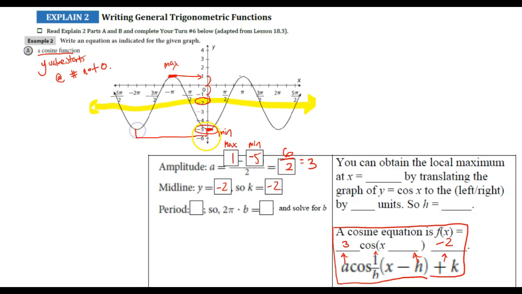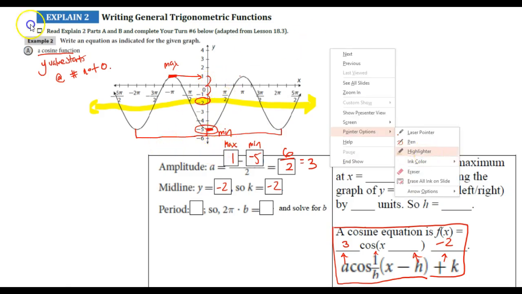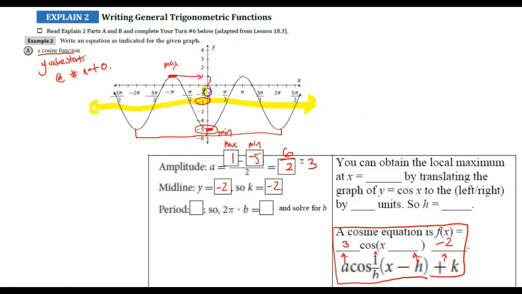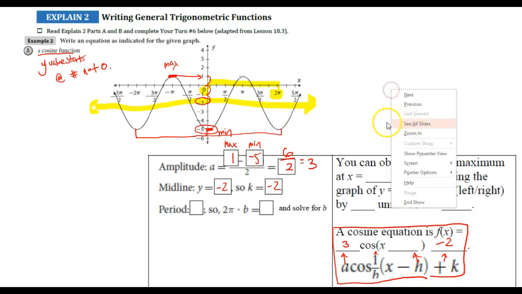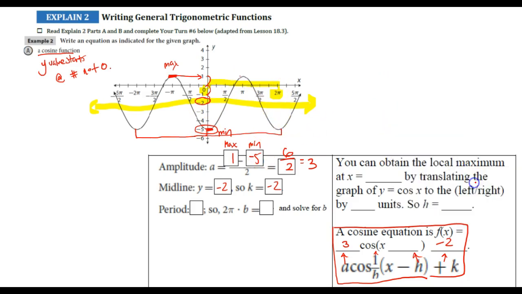So either way, to ending point, so from about 0, let me highlight that, to 2 pi seems to be our period, because it goes from down low, goes up, and comes back down. So it's about 2 pi. So our period's about 2 pi.